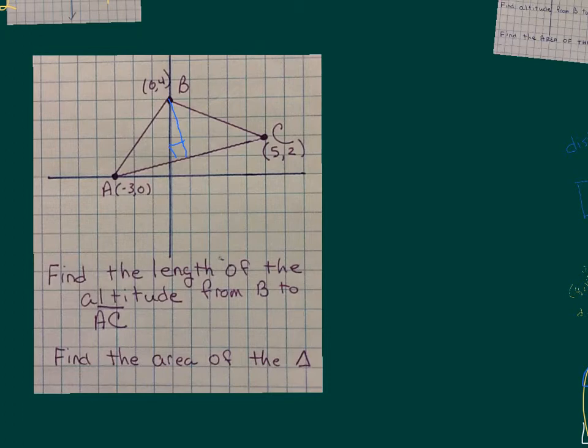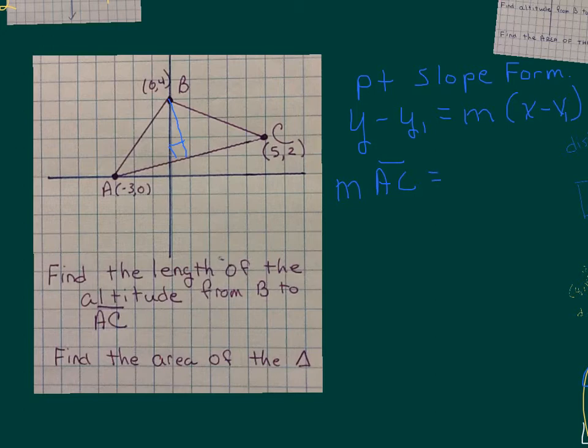So hopefully you remember that in order to find an equation, we can use the point-slope formula, which is y minus y sub 1 equals the slope times x minus x sub 1. So the first thing we have to do is find the slope of AC. And the slope of AC is change in y over change in x.